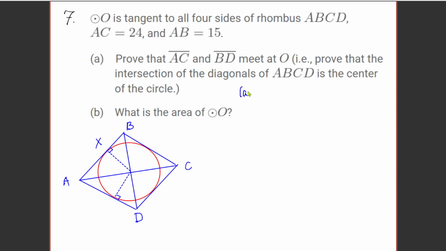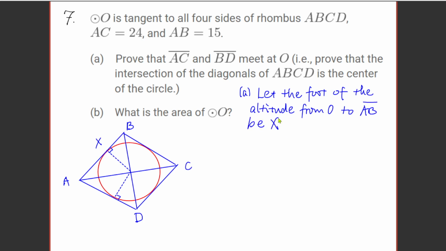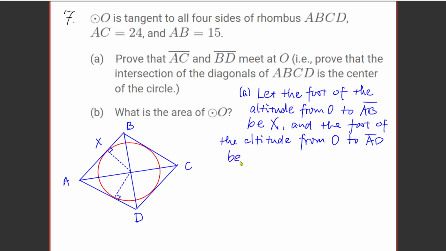For question A, we could let the foot of the altitude from O to segment AB be X, and the foot of the altitude from O to AD be point Y.